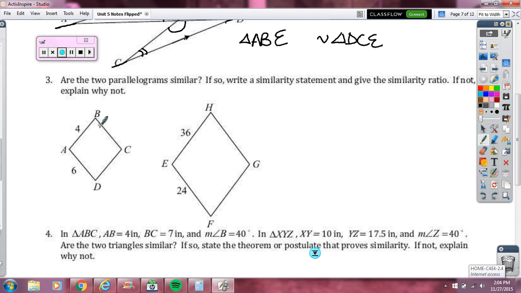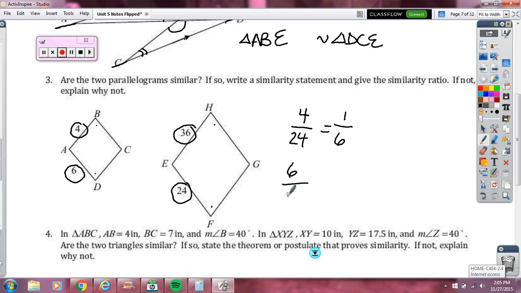For the fun of it, let's say that the matching angles are the same, and we're going to start checking out our proportional sides. So if I do 4, the short one over here, 4 goes with 24 over there. When I do that simplification, I get 1/6. Yep, and then 6 goes with 36, which also simplifies to 1/6.